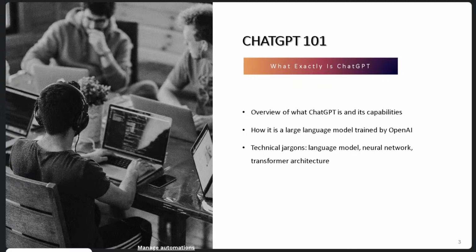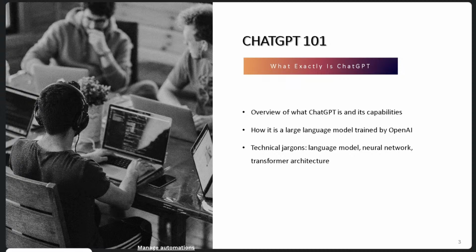And this allows it to generate text that is similar to what humans can write. So ChatGPT is a powerful language model, honestly, and it's mainly powerful because of the size of the data set that it has been trained on. This model is based on a transformer architecture, which was introduced, I think, in 2017.